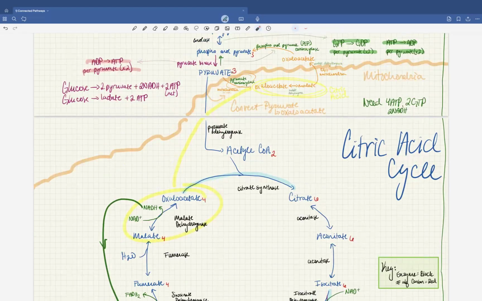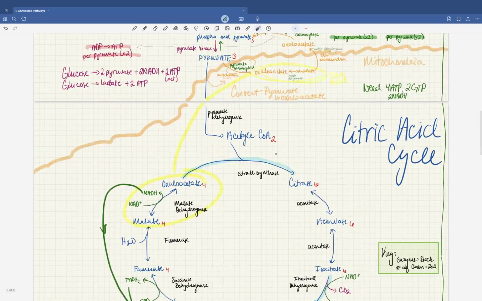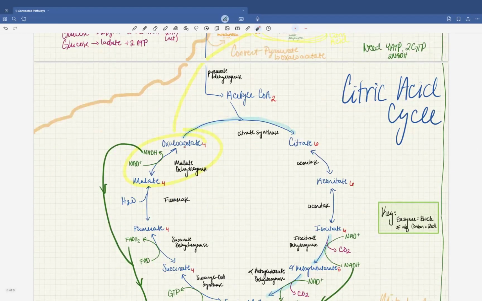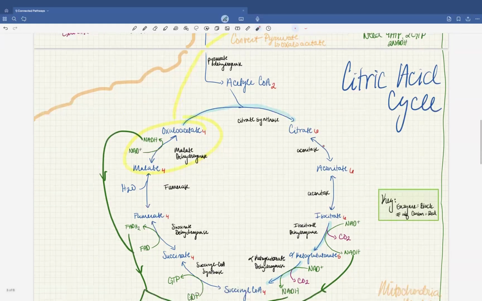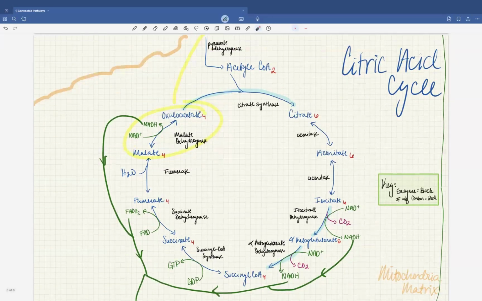So it'll go from a 3-carbon molecule into a 2-carbon molecule, and acetyl-CoA will combine with oxaloacetate, which is a 4-carbon molecule, and citrate synthase will then combine these two molecules to make citrate, which is a 6-carbon molecule. So 2 plus 4 equals 6. And this is the first irreversible reaction in the citric acid cycle. As you can see, most of these arrows are reversible except for citrate synthase, and these two steps right here, which we'll talk about shortly.